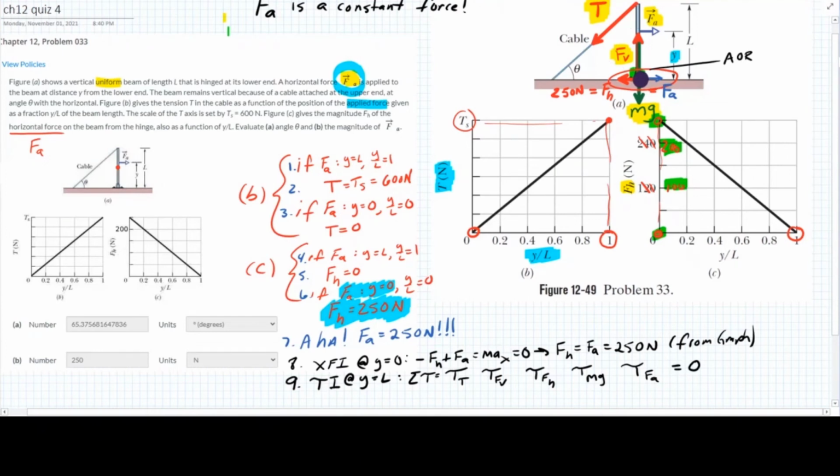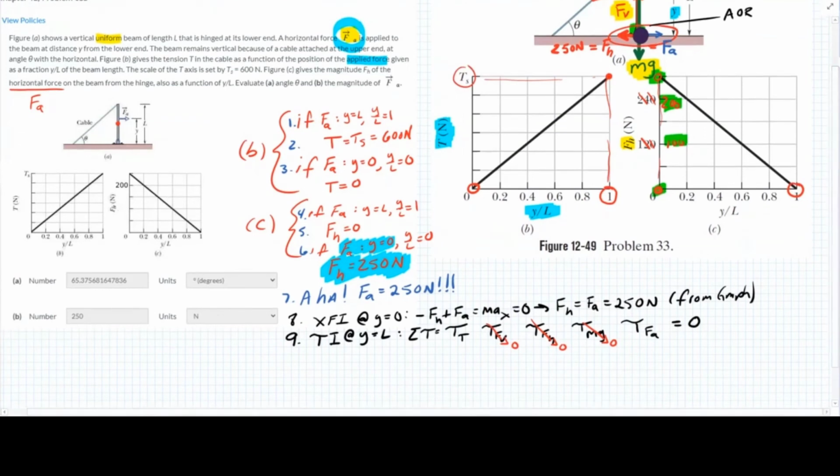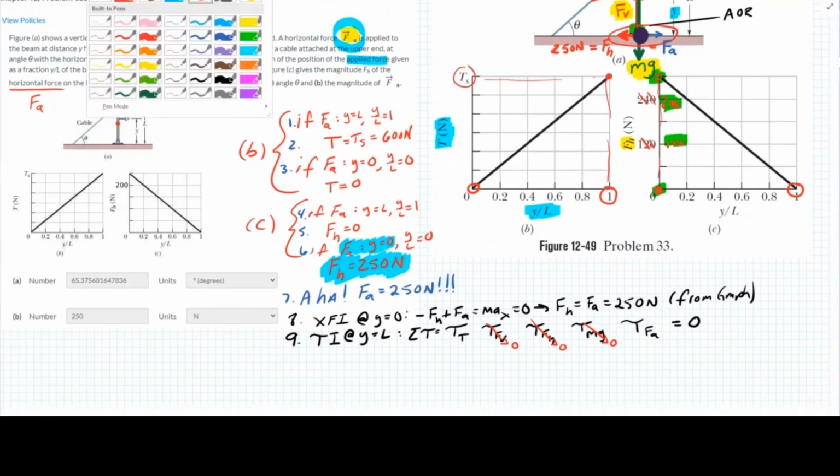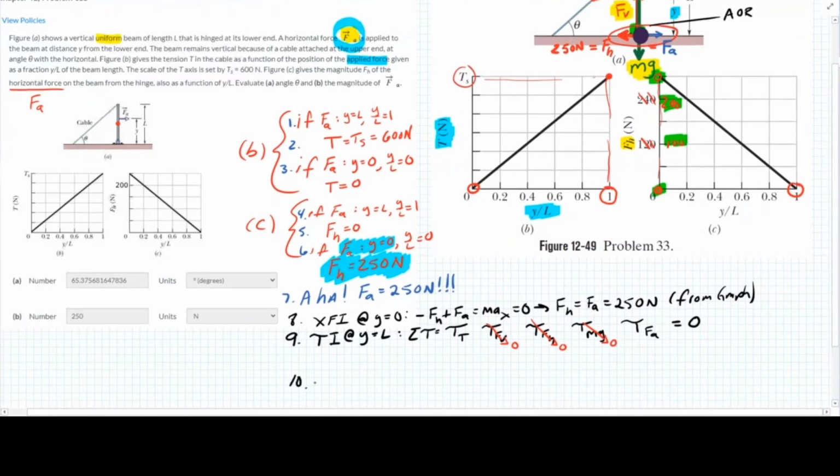Okay, so let's do signs, the signs of the torque. Ready? These are all equal to 0. This is equal to 0 because there's no torque arm. This is equal to 0 because there's no torque arm. Same here. And I'm left with 2 torques. 2 torques are left standing. Number 9, number 10.